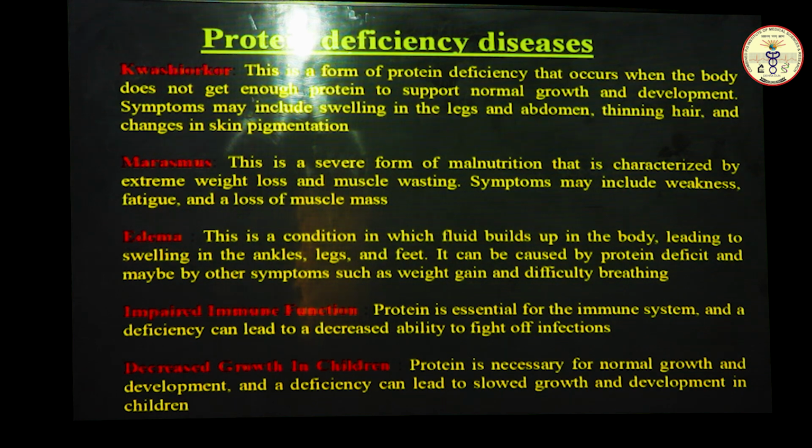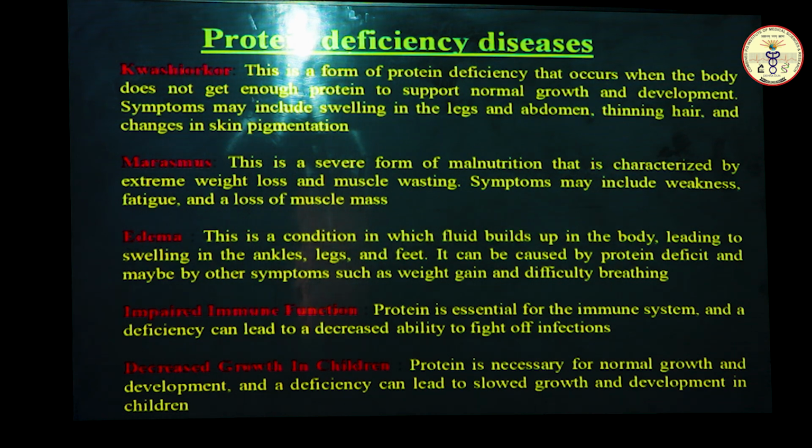Now we will study some protein deficiency diseases. These are the diseases which can be due to the deficiency of proteins. It is a protein deficiency which affects the growth and development.